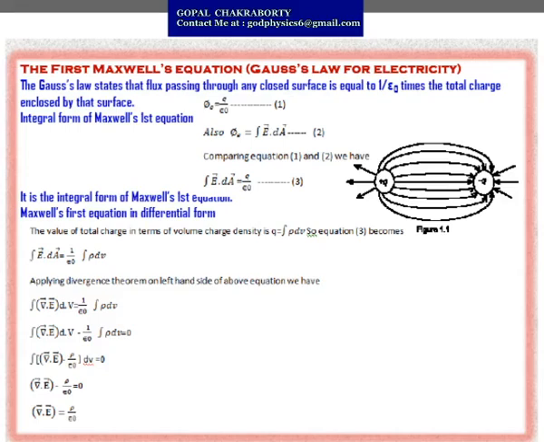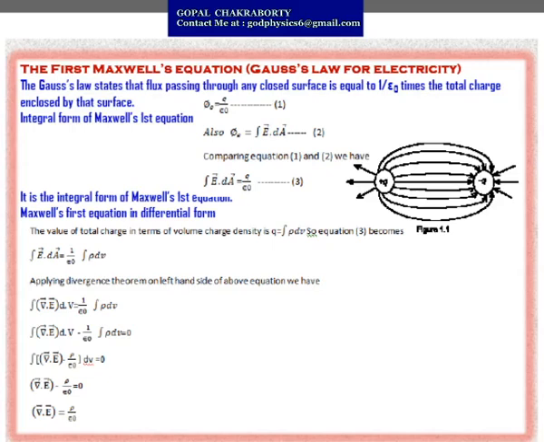So I have substituted that value and get the integration of E dot dA equals 1 by epsilon naught volume integral rho into dV. Now applying Gauss divergence theorem on the left hand side, which relates the surface integral with the volume integral.